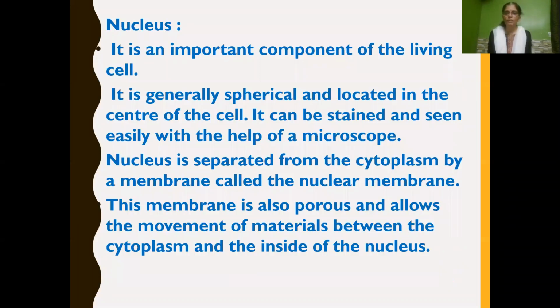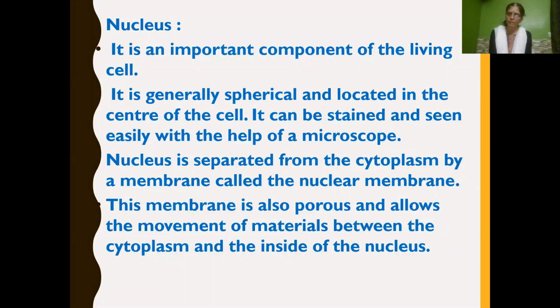Then about the nucleus, it is an important component of the living cell, and it is generally spherical and located at the center of the cell. It can be stained and can be seen easily with the help of a microscope. The nucleus is separated from the cytoplasm by a membrane called the nuclear membrane.